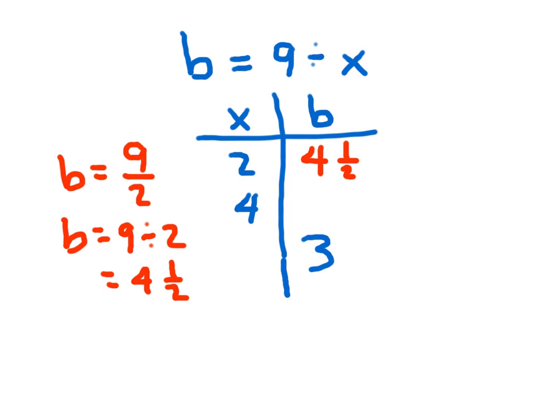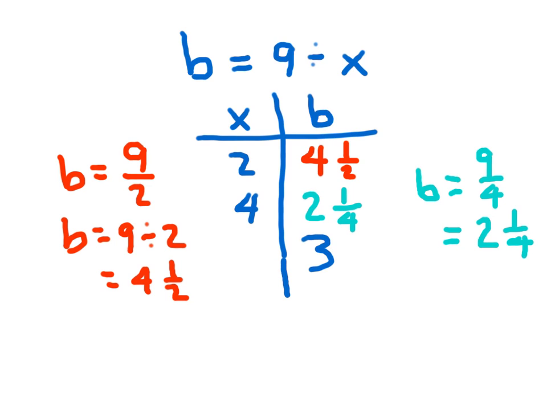And again, write it out as a mixed number and put the mixed number in simplest form if you need to. b equals 9 divided by x, or 9/4, 9 divided by 4, that's 2 whole times with that remainder of 1. So it's 2 and 1/4. And so I have another mixed number inside of my function table.